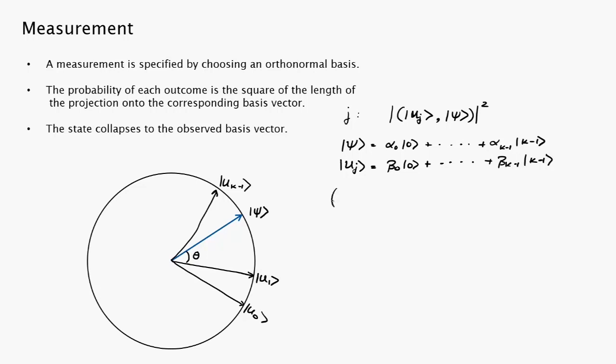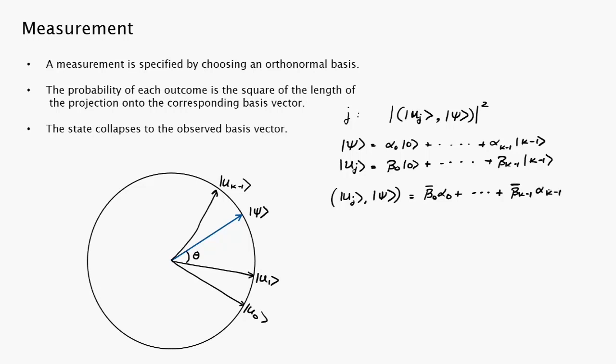Then the inner product between u sub j and psi is just beta naught complex conjugate times alpha naught plus dot dot dot beta k minus 1 complex conjugate times alpha k minus 1.